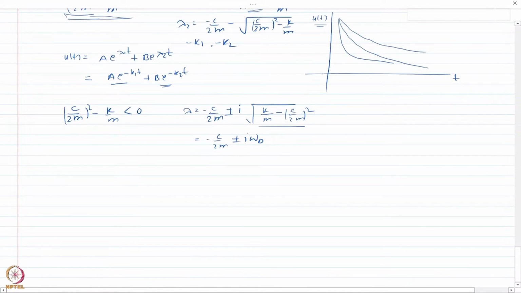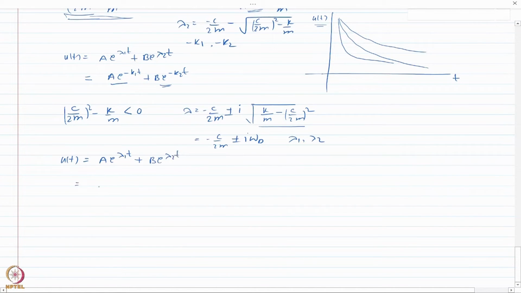Now using this, I can write my solution for u of t. Remember that lambda 1 and lambda 2 correspond to the positive and negative signs. So I can write a e to the power lambda 1 t plus b e to the power lambda 2 t.